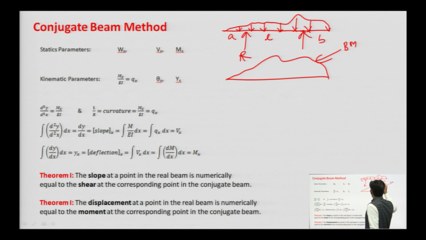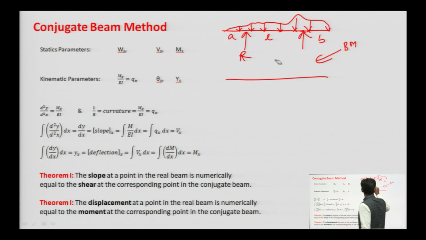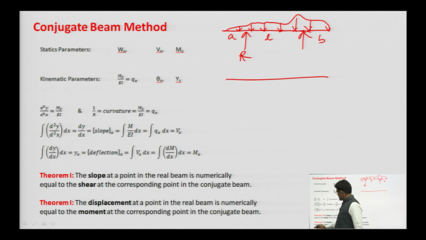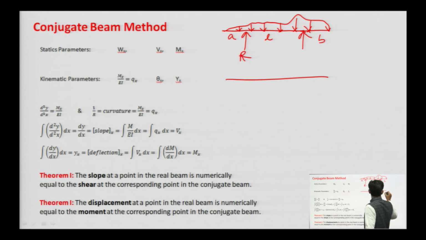If we have taken an overhanging beam, then its diagram will be this type of thing. So the bending moment will have a shape like this.